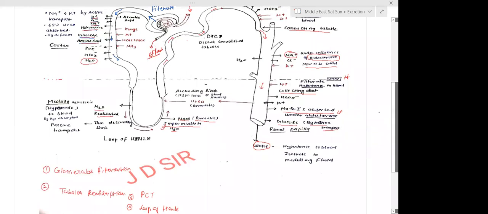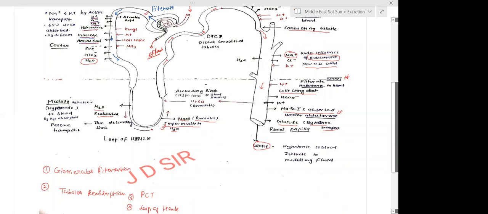So first, the reabsorption involves both active and passive processes. Full stop. At this point, in the same heading, the filtrate is at this point. Where? At this point means here. I'm talking about here, right?